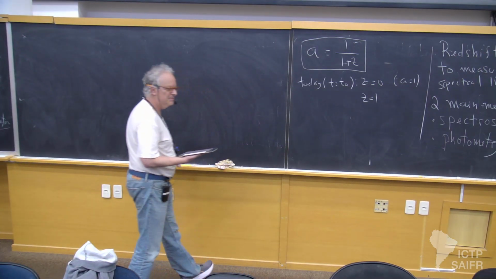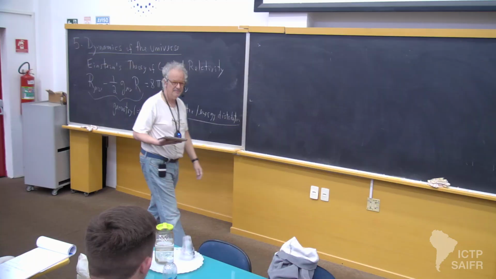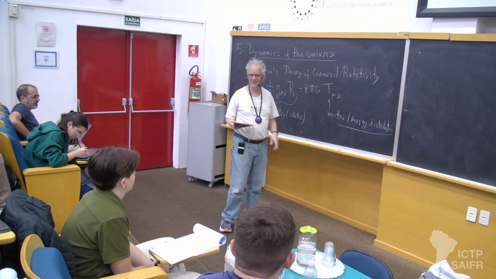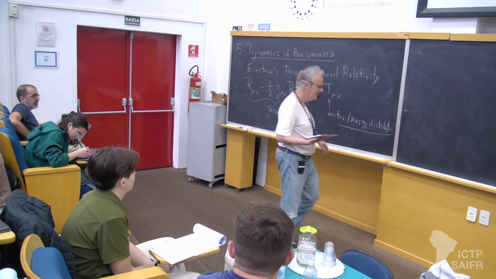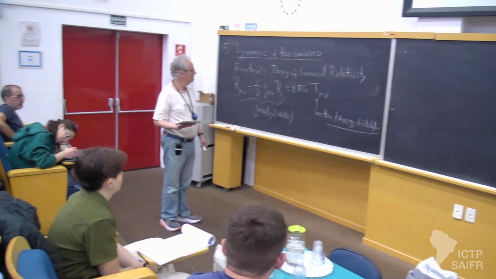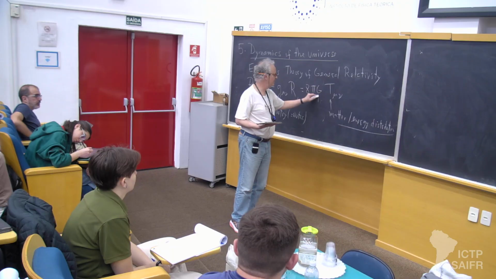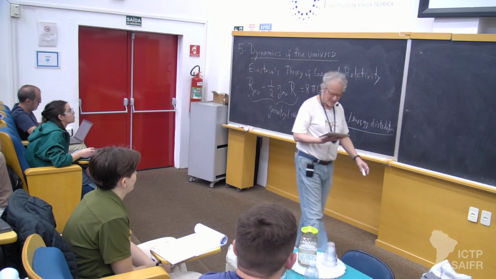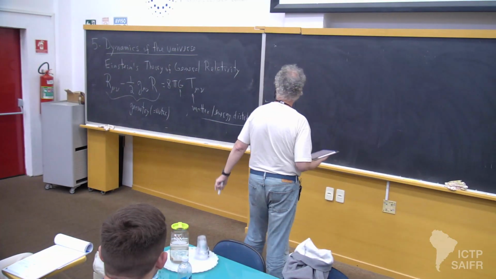For the moment, it's not relevant. Actually, I include the cosmological constant on the right-hand side, so it's even more confusing for you, but I'll tell you how later. Also, I didn't say what G is. Do you know what G is? Yes, Newton's constant. Good. It's better to know all these things.